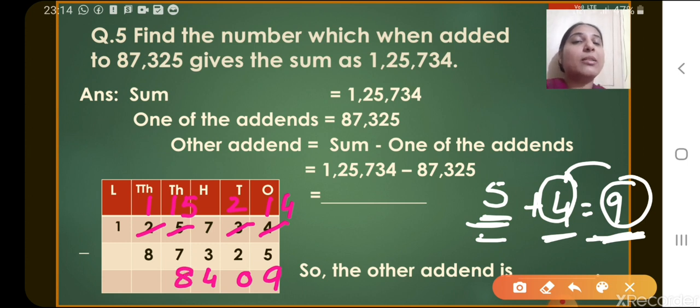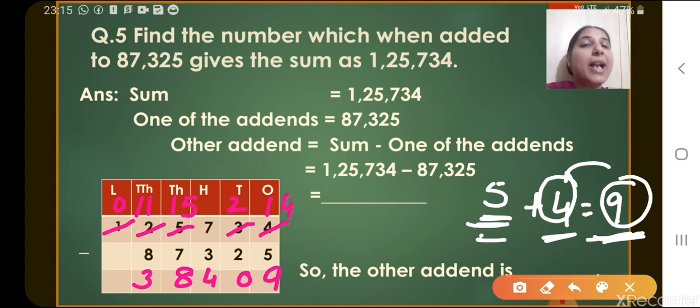Now look at the 10,000s place. 1 minus 8 is not possible. It means we have to borrow from the lakhs place. Only 1 is there, so when we borrow 1 from there, 0 only will be left, and this digit at the 10,000s place becomes 11 now. So 11 minus 8, we will get 3 here.